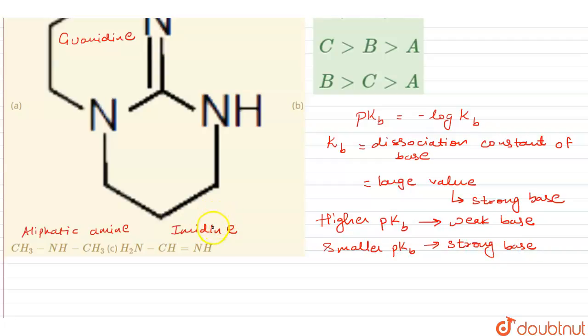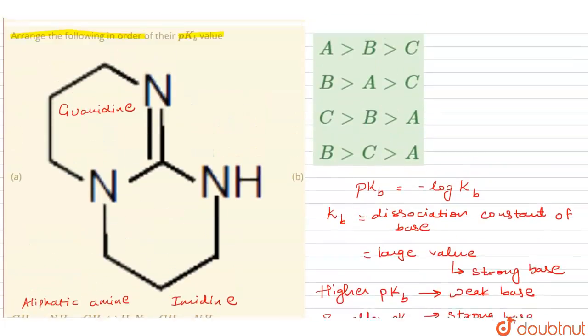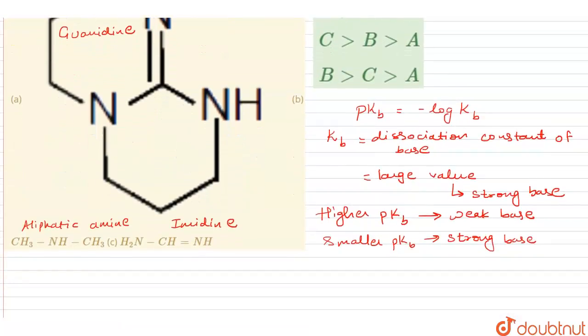Got the point? Now the pKb, Kb and basicity basics are clear. So now, as suggested, we have to arrange in order of their pKb value. The lowest is going to be the most basic, and accordingly we have to arrange.